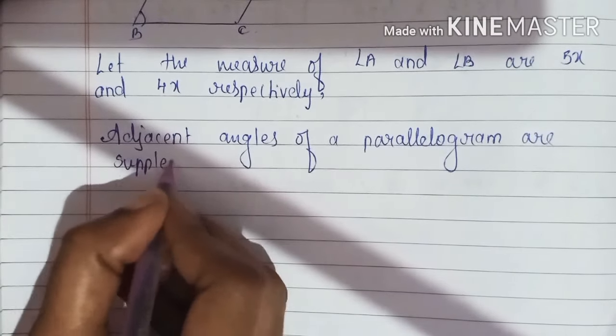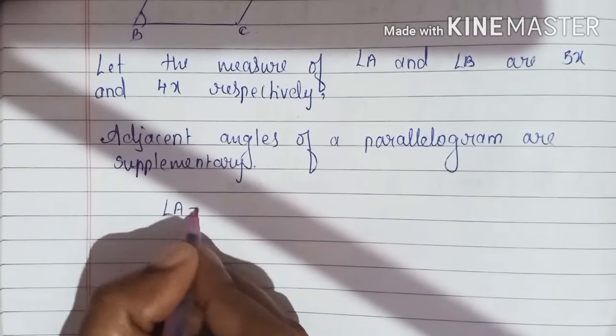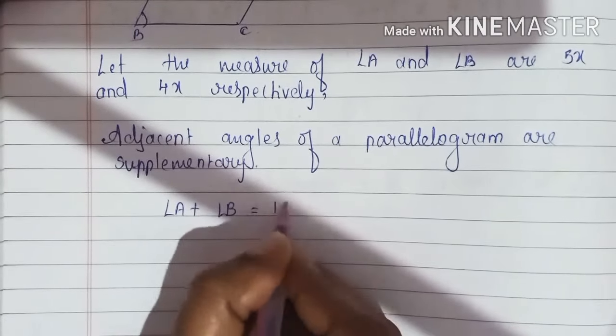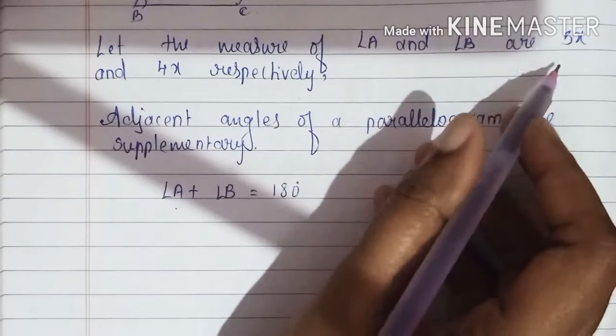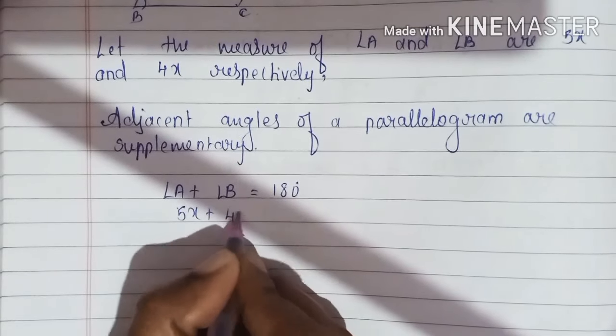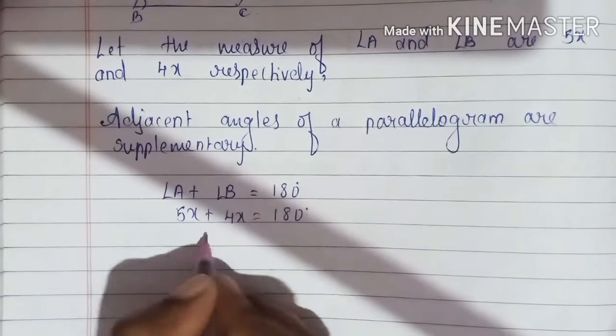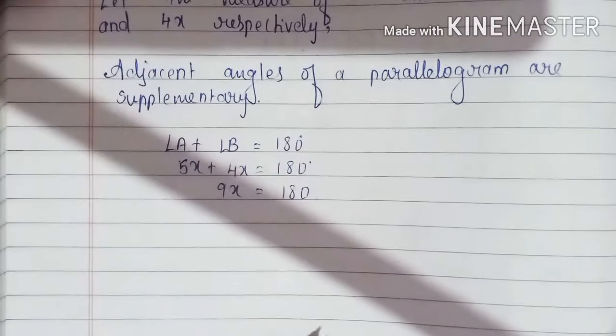Supplementary means 180 degrees. So angle A plus angle B is equal to 180 degrees. Here the value of angle A we have considered as 5x and the value of angle B is 4x, equal to 180. 5 plus 4 will be 9. So it will be 9x is equal to 180.